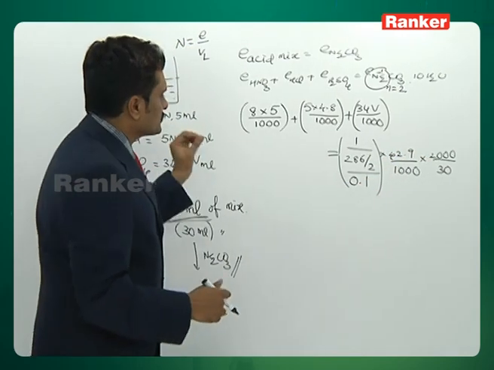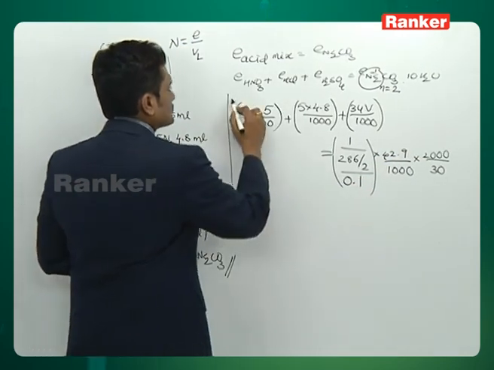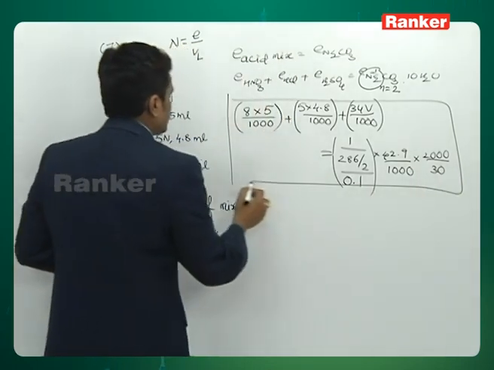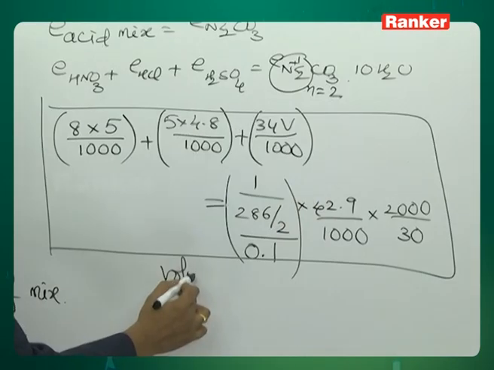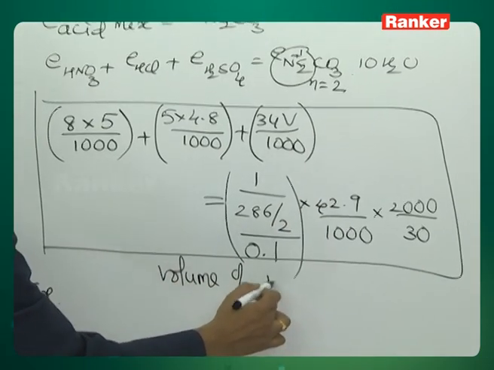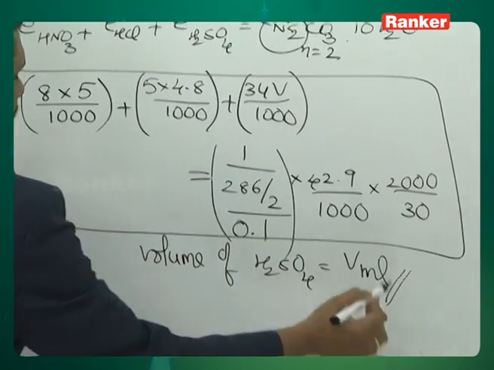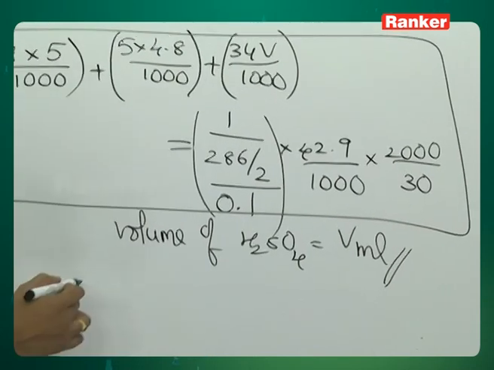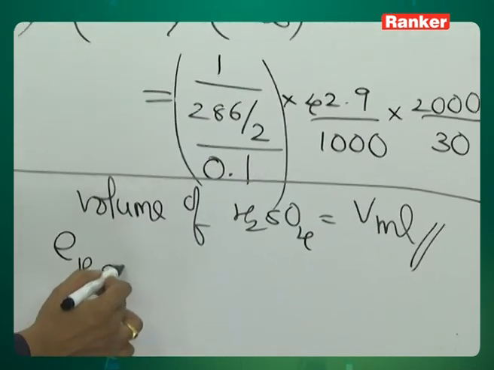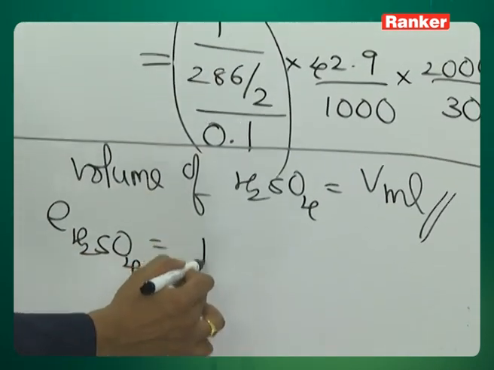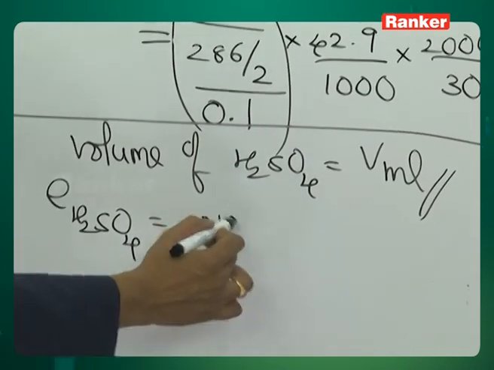So now use this simple relationship to find the volume of H2SO4 which is being used, which is equal to V mL. After finding out the volume, the gram equivalents of H2SO4 is equal to normality into volume in liter.